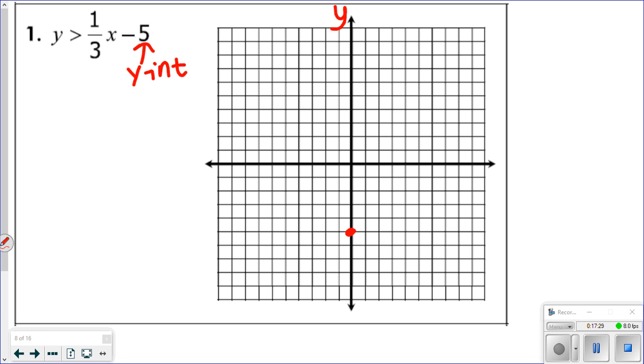Then we're going to use the slope to plot multiple points. Now my slope, or my rise over run, is 1 over 3. So I'm rising 1 and I'm running 3. And I know that I had to go in this direction because it's a positive slope, so we want our line to be increasing.